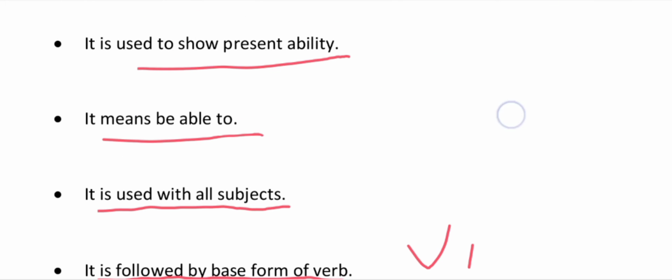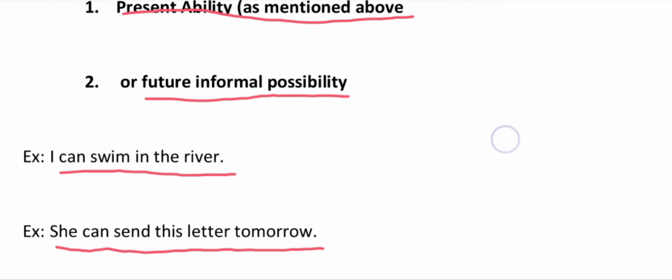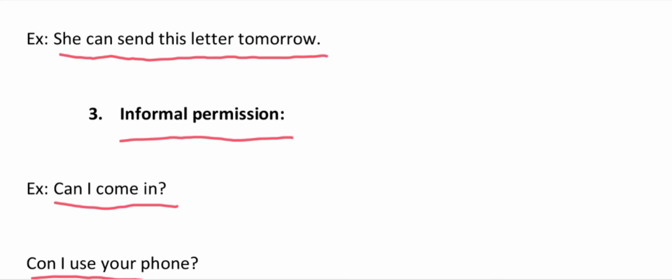So today we studied one of the modal auxiliary verbs, which is can, and I showed you that there are four basic usages of can. The first one was present ability. Can is used to talk about present ability. The second one was that it is used to talk about present or future informal possibility. For example, she can send this letter tomorrow. The third one showed informal permission.